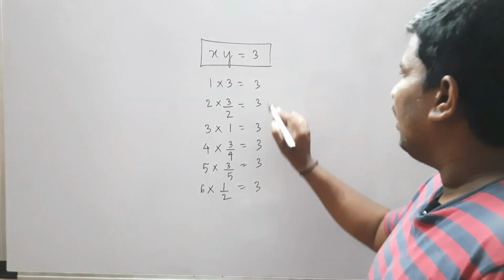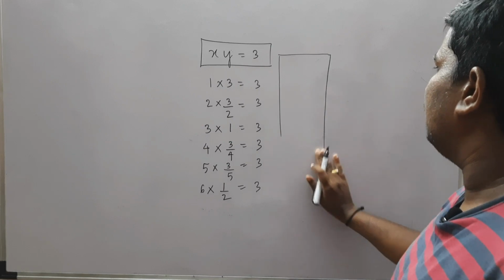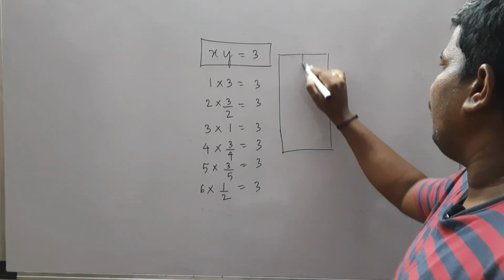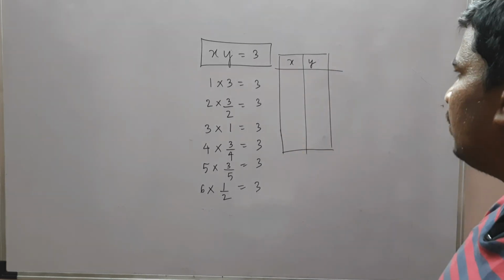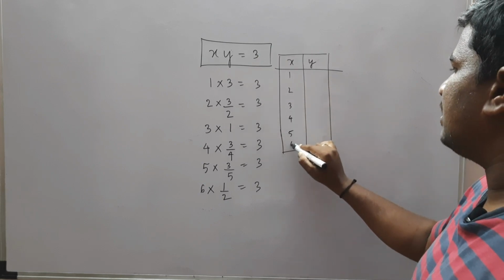So if I take a table and write the x and y values, I can take 1, 2, 3, 4, 5, 6 here.